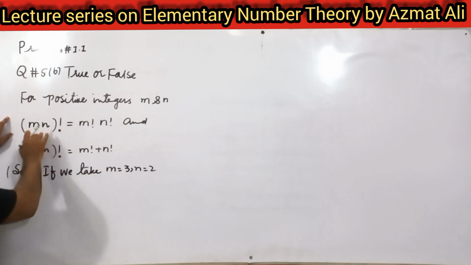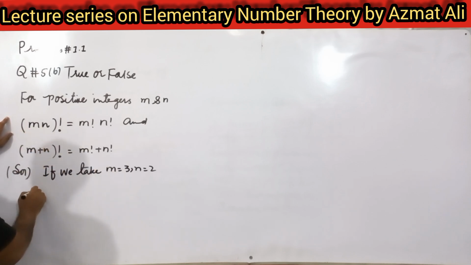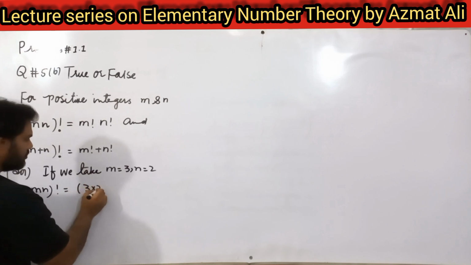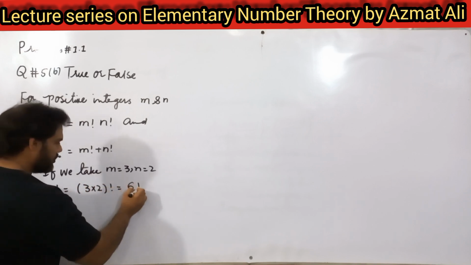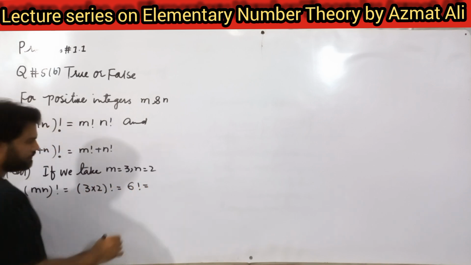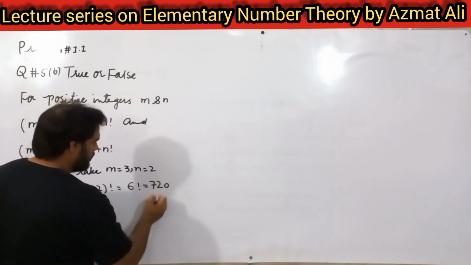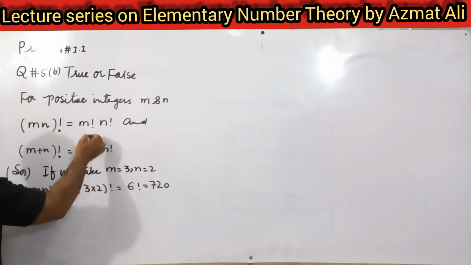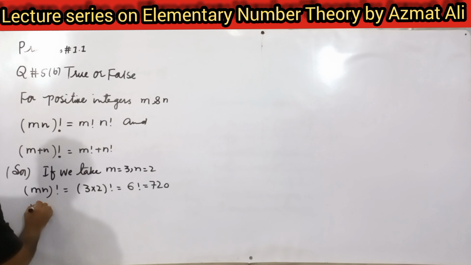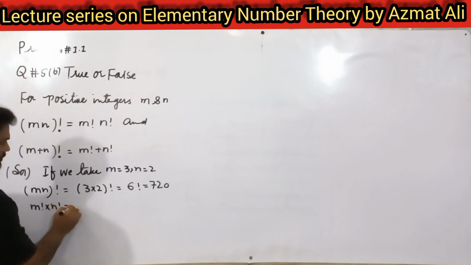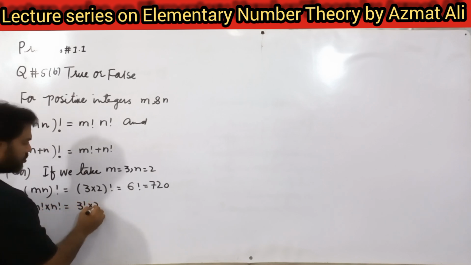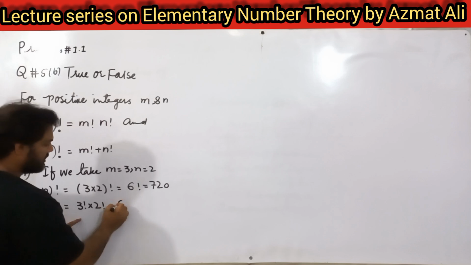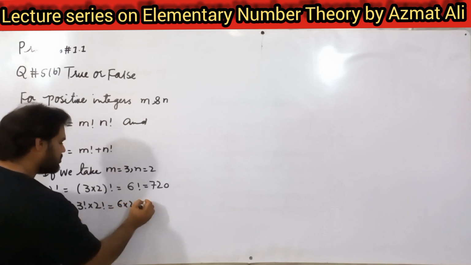We put these two values of m and n here, this becomes mn factorial, this is 3 into 2, that is 6 factorial, and 6 factorial is 720. If we put these two values on the right side, that is m factorial into n factorial, this becomes 3 factorial into 2 factorial. 3 factorial is 6 and 2 factorial is 2, this is 12.